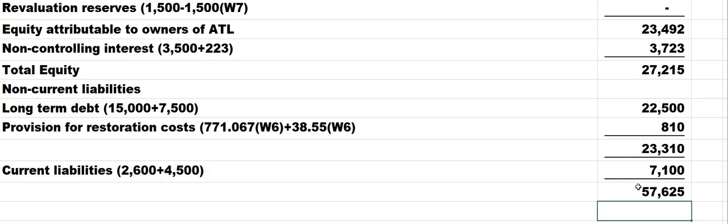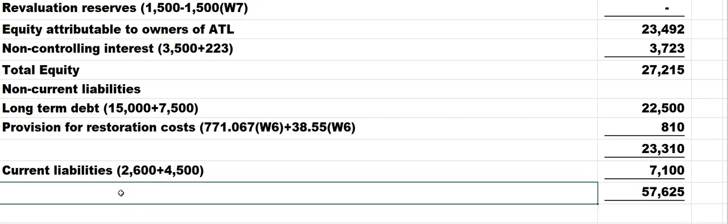So this is our total equity and liabilities.